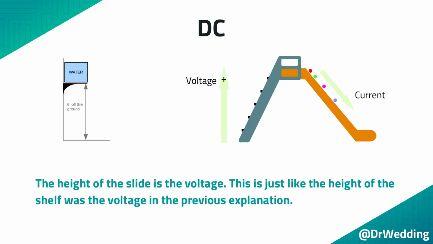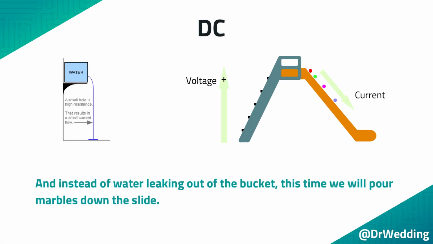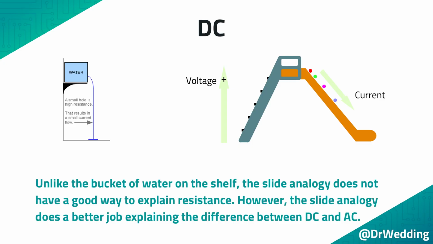This is just like the height of the shelf was the voltage in the previous explanation. And instead of water leaking out of the bucket, this time we will pour marbles down the slide. Unlike the bucket of water on the shelf, the slide analogy does not have a good way to explain resistance. However, the slide analogy does a better job explaining the difference between DC and AC.